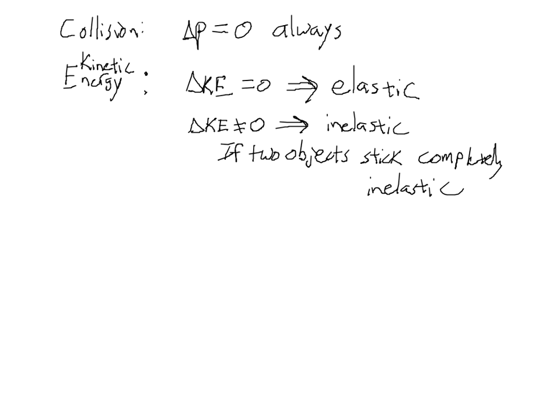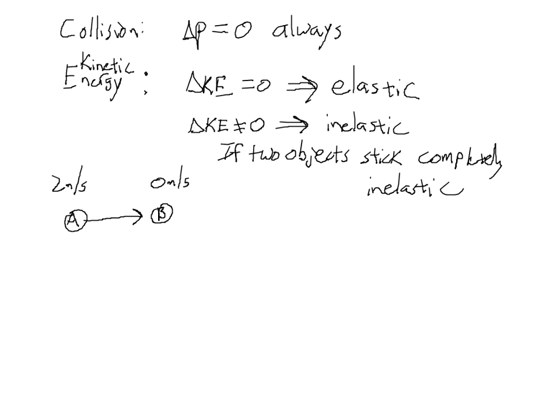Okay, well, let's work an example, and we'll use what I said was the physicist's favorite example collision, billiard balls. We'll have ball A, which originally is moving at a speed of 2 meters per second, collide with ball B, which is originally at rest, 0 meters per second.